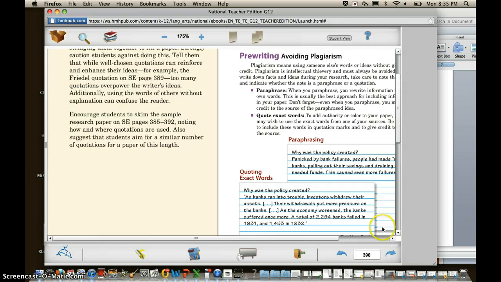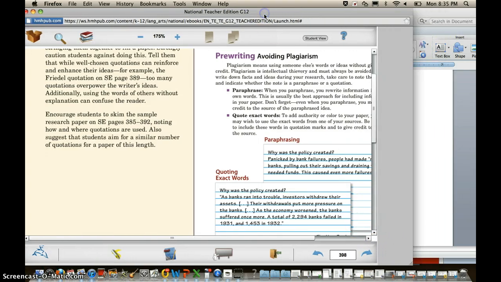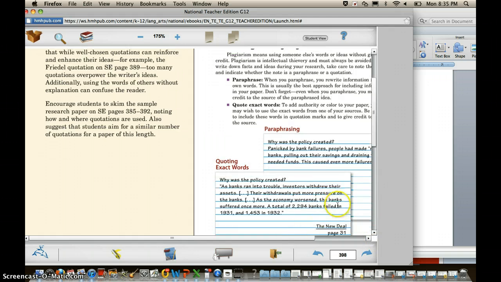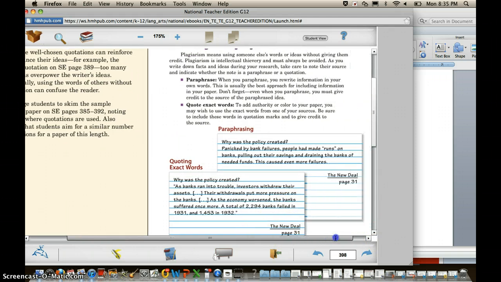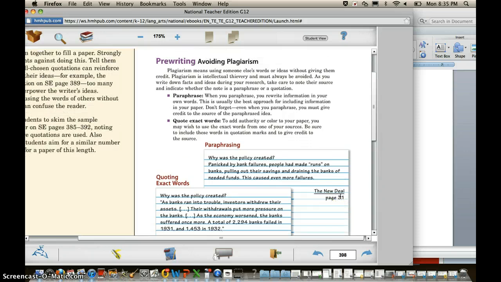If you look on page 398, there is a short little section on plagiarism. So you want to maybe read this. Take a minute to read this. We'll talk more specifically about this when I get back, but paraphrasing says when you paraphrase, you rewrite information in your own words.